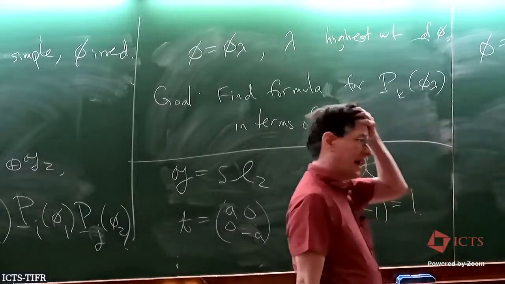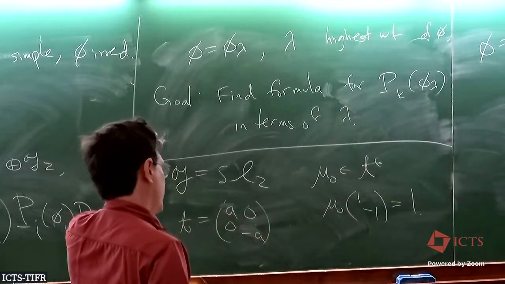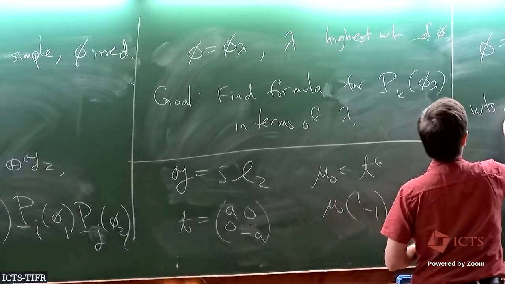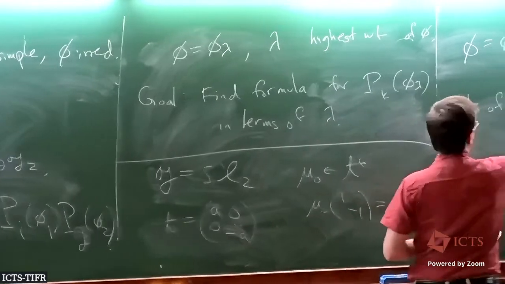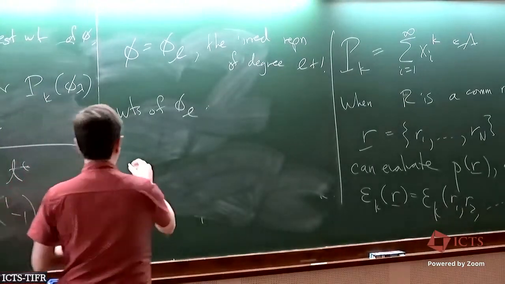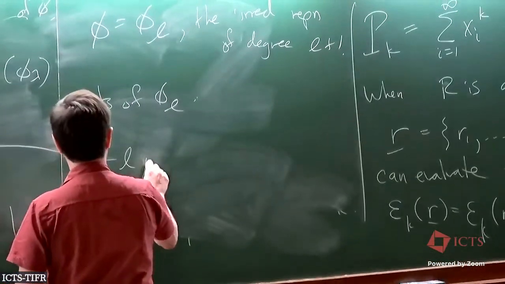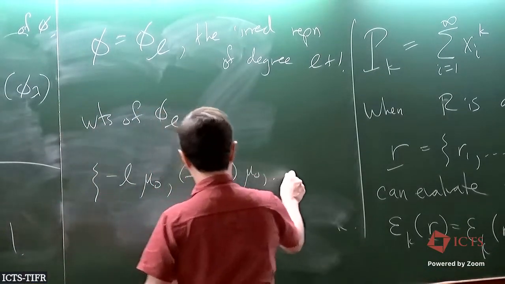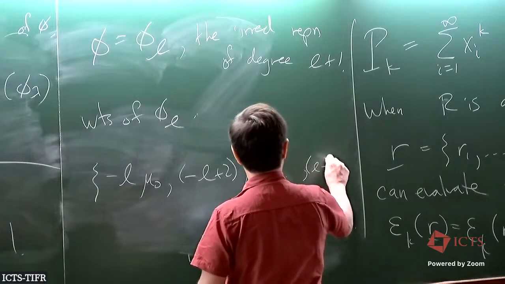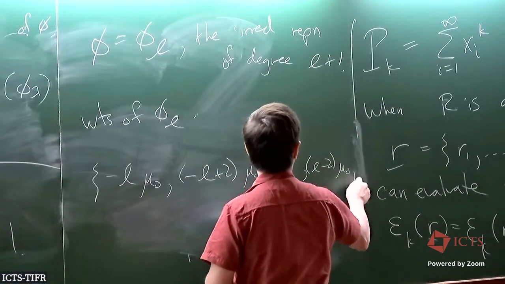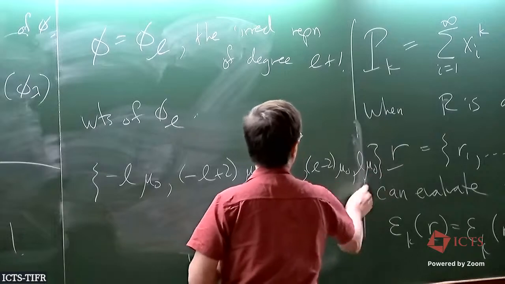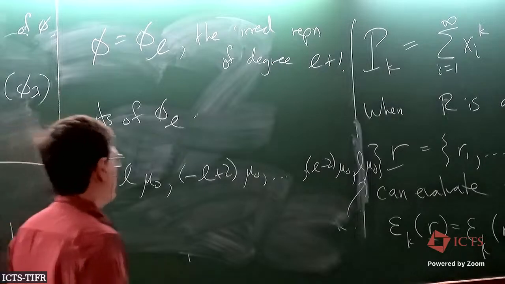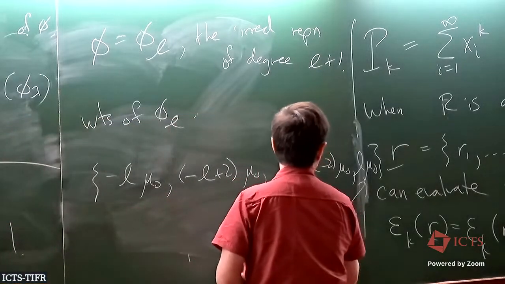So L will be a non-negative integer. The weights of phi_L, of course, this is all very well known, you might write it like minus L mu naught, minus L plus 2 mu naught, and so on, L minus 2 mu naught, and L mu naught. In this case there's no multiplicity; everything has multiplicity 1. And this is the highest weight.